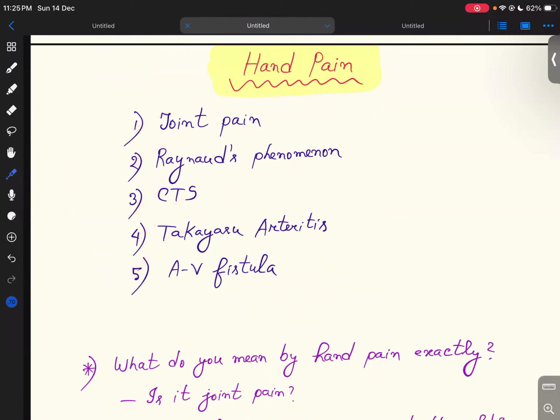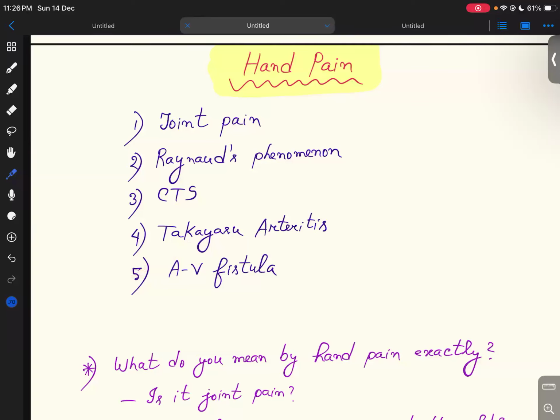They will be either joint pain or Raynaud's phenomenon or carpal tunnel syndrome or Takayasu arteritis or AV fistula. This is my guarantee. Please believe it that whenever any hand pain comes in the PACES exam, this will be either joint pain or Raynaud's or carpal tunnel syndrome or Takayasu arteritis or due to AV fistula.